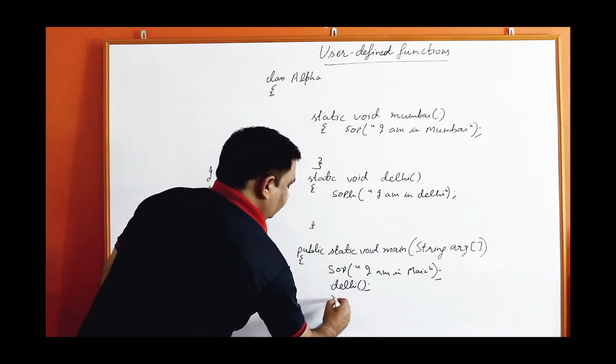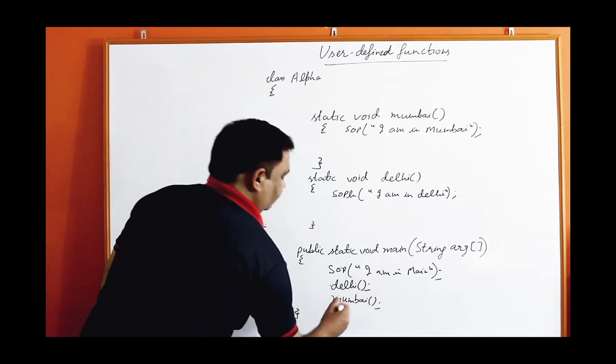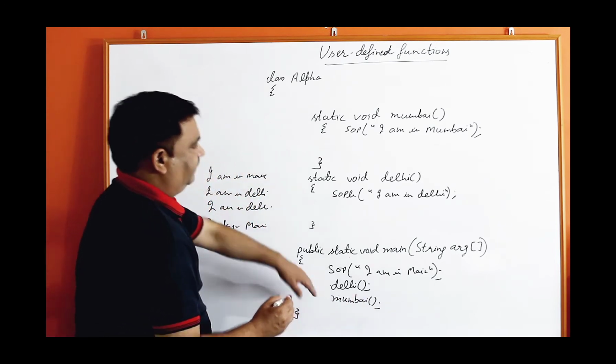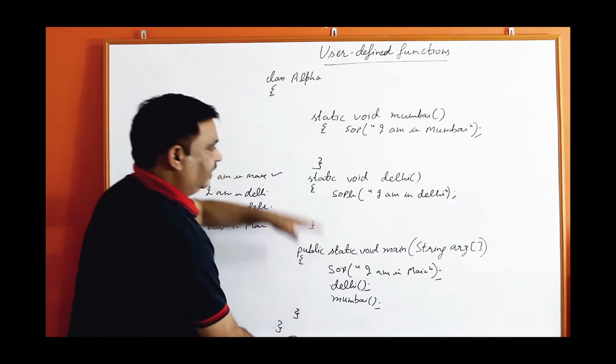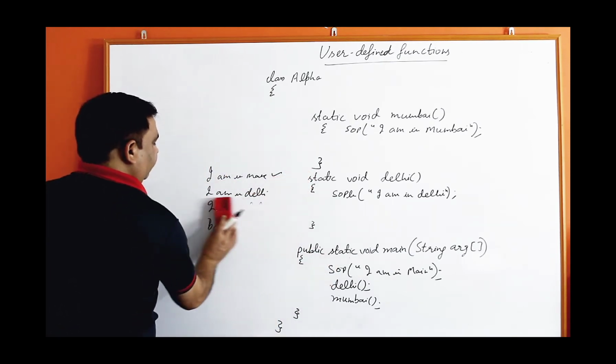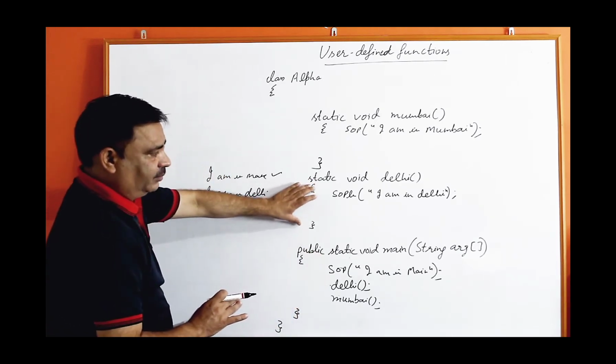Now you can also call the Mumbai function from here. So first of all, I am in main, this line will be printed, then the Delhi function will execute, and this line will be printed. Afterwards control will jump, after printing I am in Mumbai, it will come back.